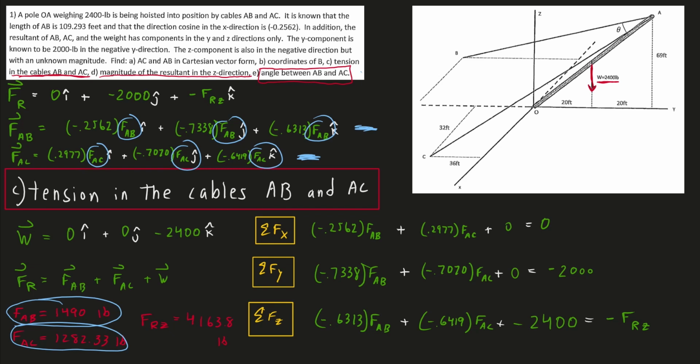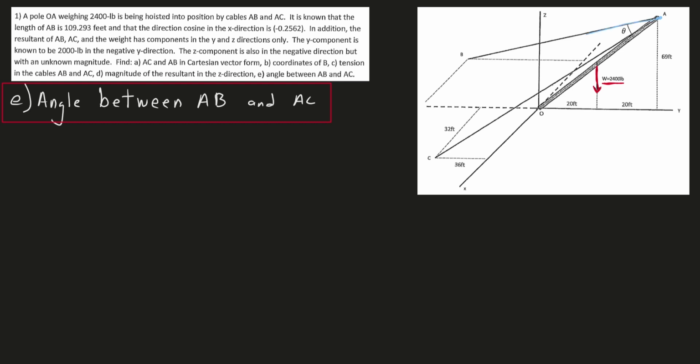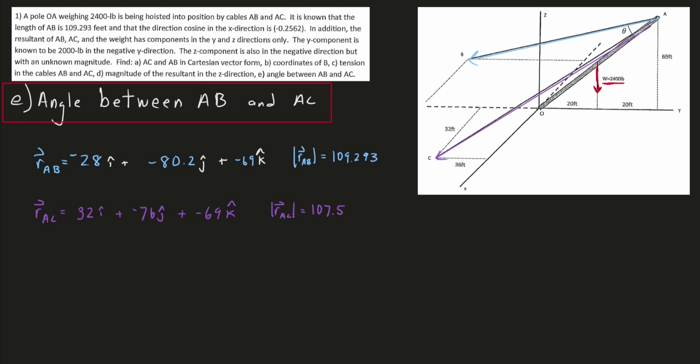Alright, but moving on to this last part. So, AB, AC, I'll just pull up the position vectors for those. Alright, here they are. And I'll just put one of them in purple so we can have a contrast.